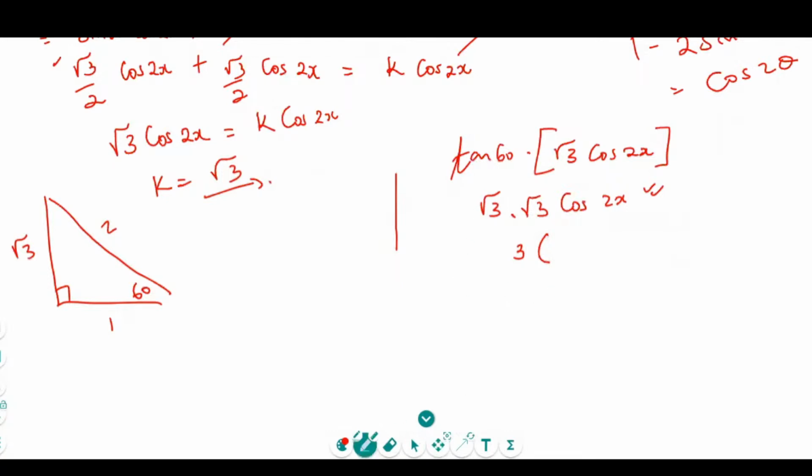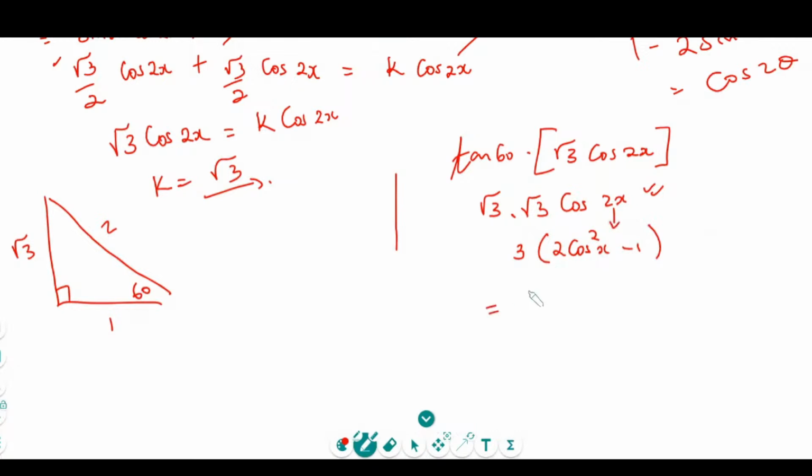It's 2 minus. If I express it in terms of cos, 2 cos squared x minus 1. That's correct. Cos 2x can be that.